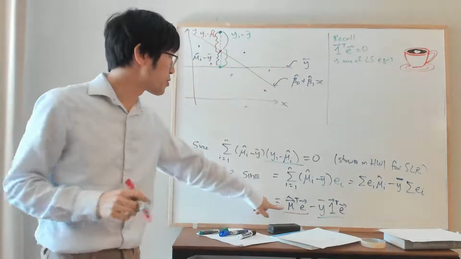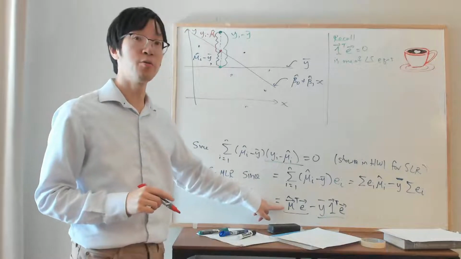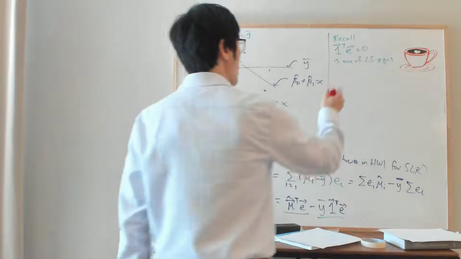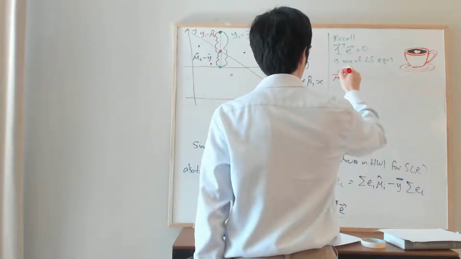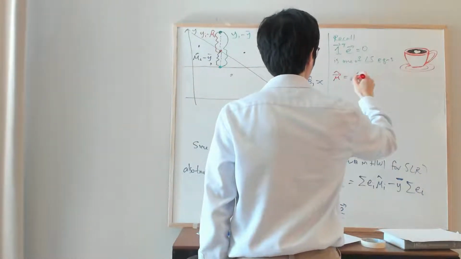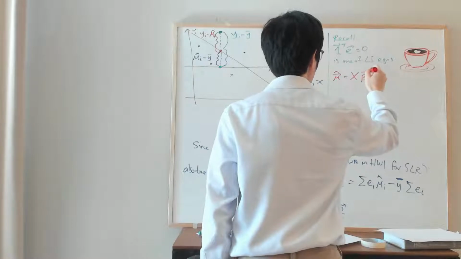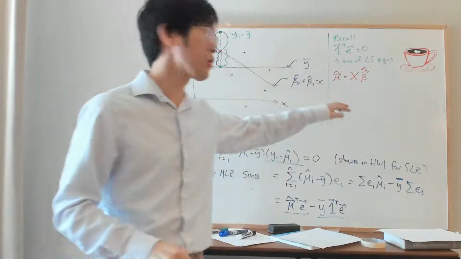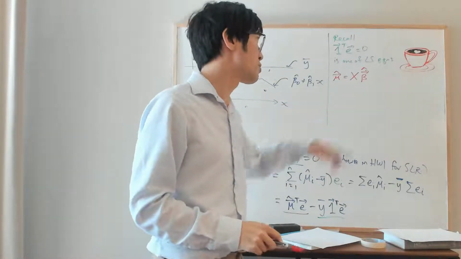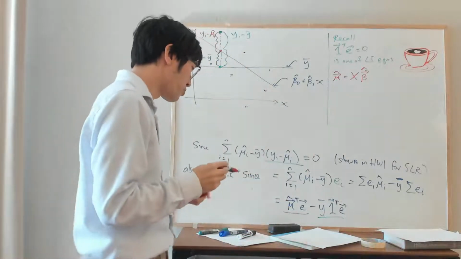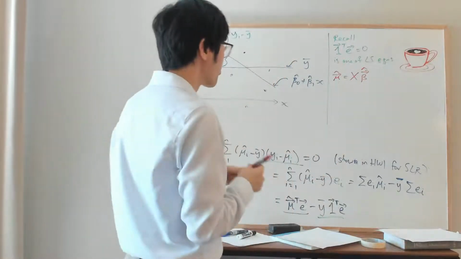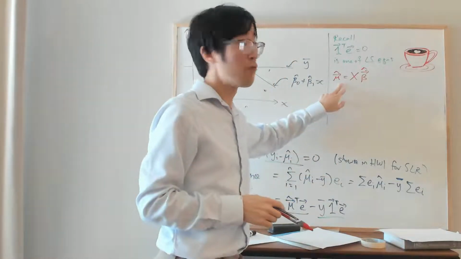Let's remind ourselves, what is the fitted value vector, mu hat? Well, remember that the fitted values is X times the estimated beta vector for the parameters. That's by definition the fitted value. And what can we say about this vector of fitted values?